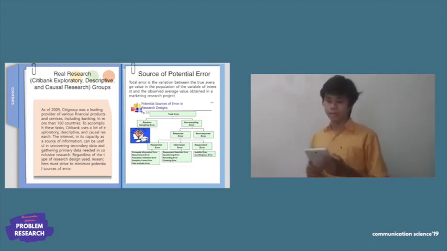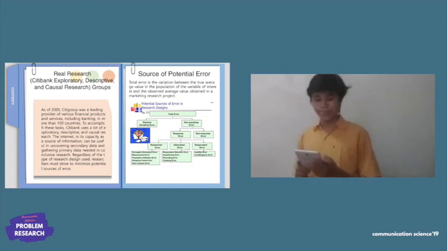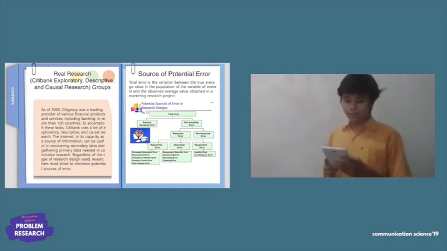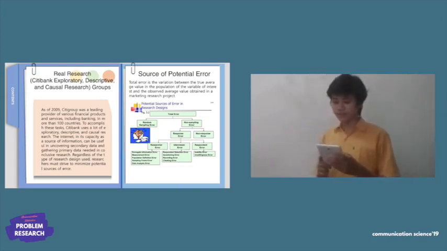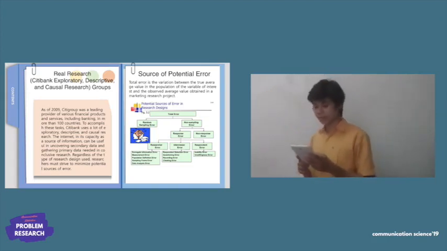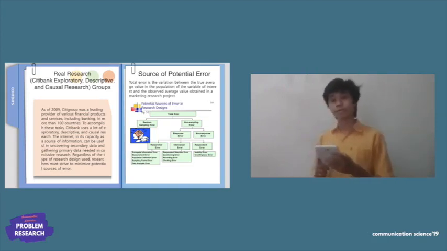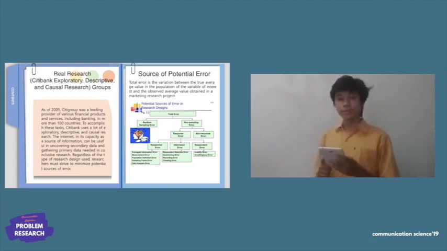And so moving on, the explanation of random sampling error is the variation between the actual mean values for the population and the actual mean values for the original sample. Next is non-sampling error.